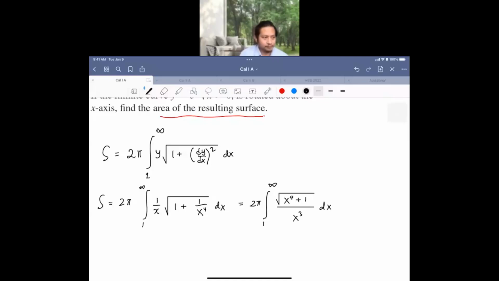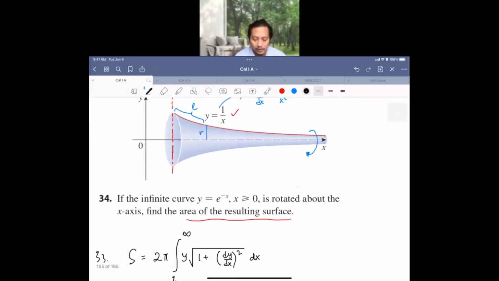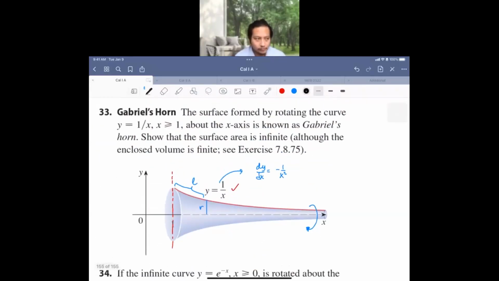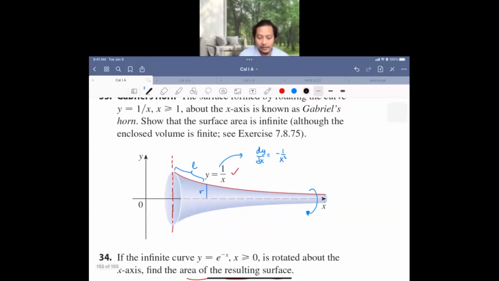Okay, because the question is just to show whether the surface area is finite or infinite.